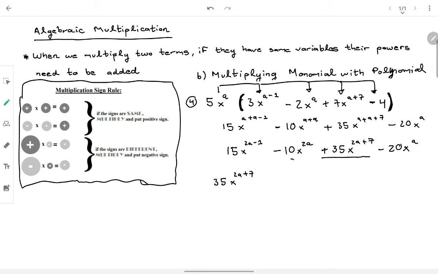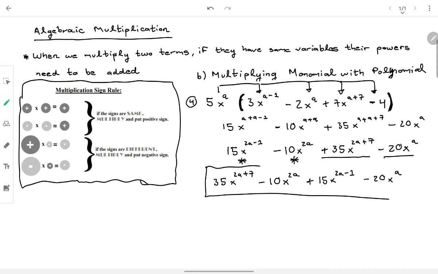Then the next one is going to be this one, minus 10x to the 2a. Then it's going to be this one, plus 15x to the 2a minus 1. And at the end we will get this one, minus 20x to the a. And this is going to be our final and ordered answer.